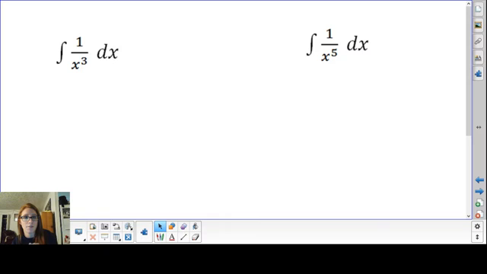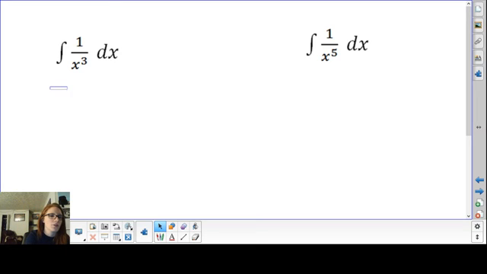Typically, if I have x's on top and x on bottom, to simplify, what mathematical operation would I do? Subtract. Okay, well, I don't necessarily have x's on top and x on bottom here. I just have x's on bottom. So I need to rewrite these so I see x to some kind of exponent. So how do we do that?